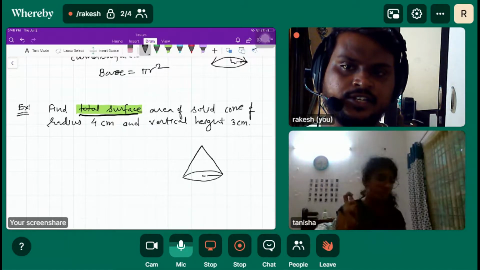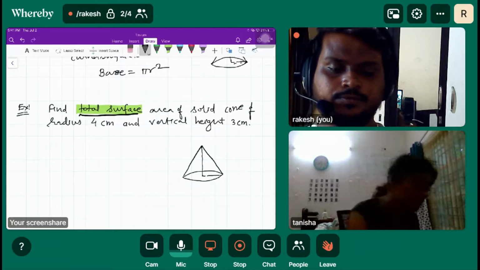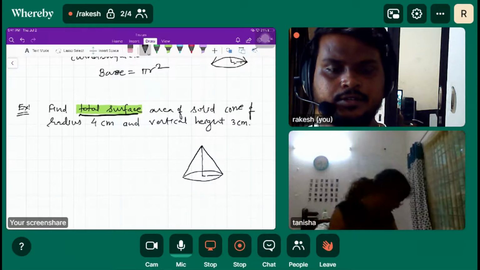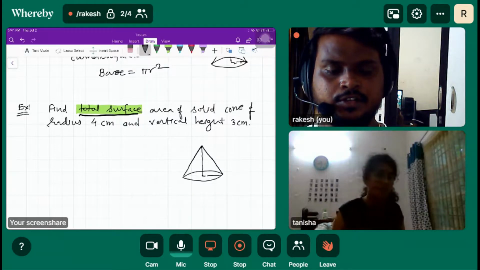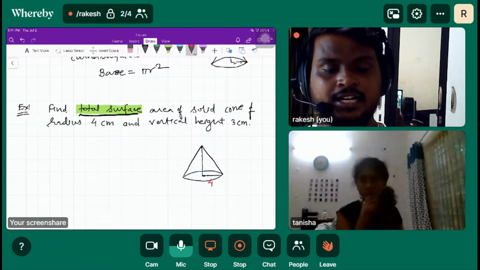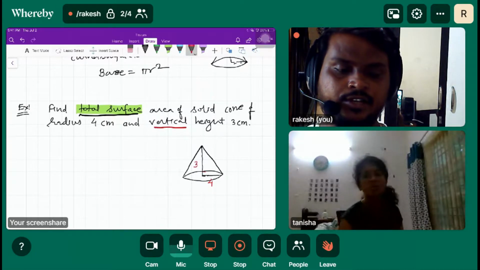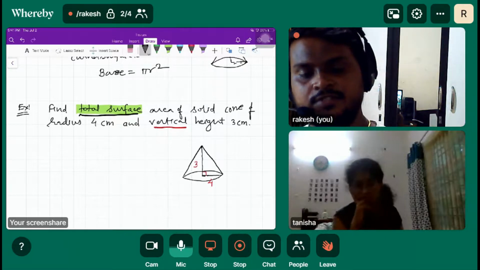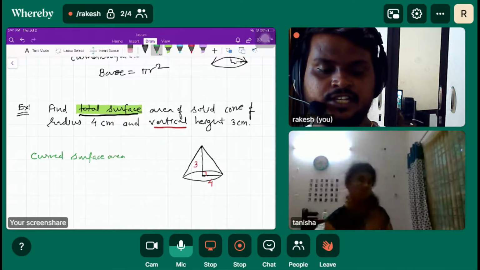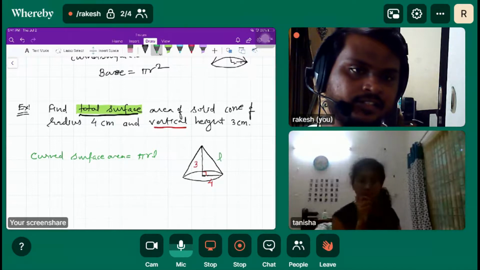What is the curved surface area? It is pi r l, right? The radius of this cone is 4 centimeter, and the vertical height they've given is 3 centimeter. The curved surface area is basically pi r l, where l is the slant length.